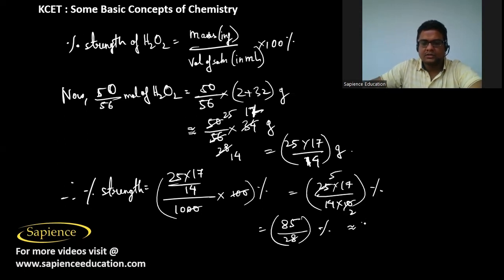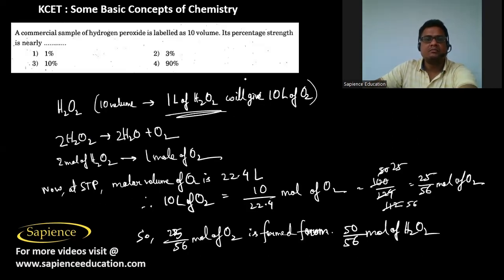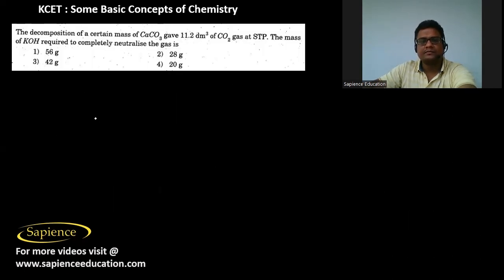So that is approximately 3.036%. So it is approximately 3%, I can tell. So the 3% is the percentage of the hydrogen peroxide solution. So option 2 is the correct answer.